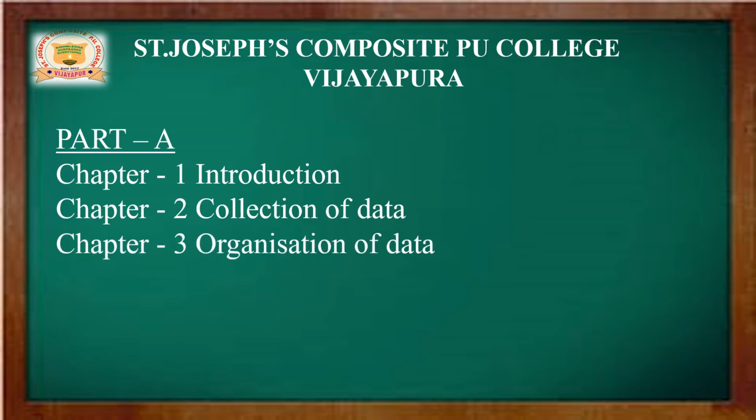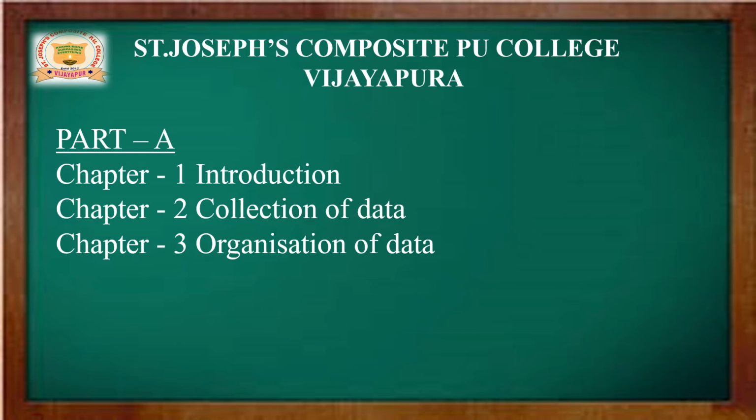And in chapter number 3, after collecting the data, it will definitely require classification or organization. So in the third chapter, we will learn about the organization of data, that means how raw or unclassified data is arranged and classified.